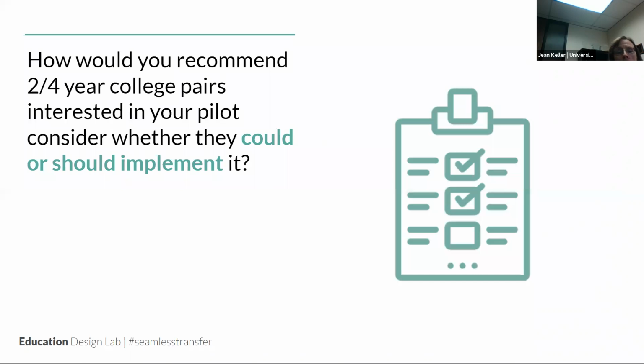The way we were able to do this, it was a non-substantive change at our regional accreditation, and we did have to work very closely with them to make that happen. Otherwise, the process would have taken us a little bit longer, and we wanted to be sure we were able to open the pilot in the fall.